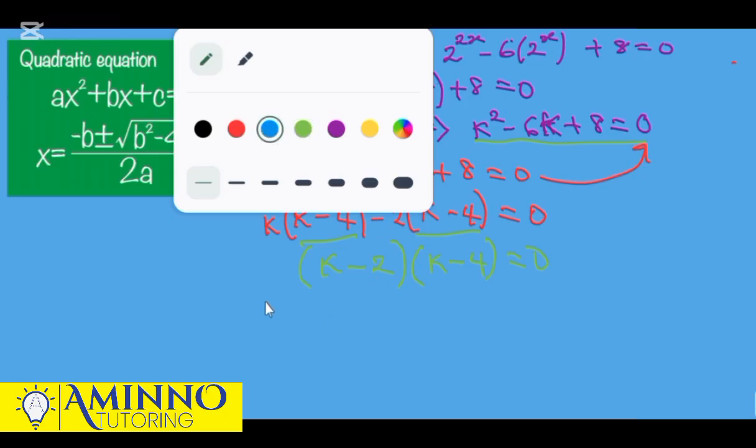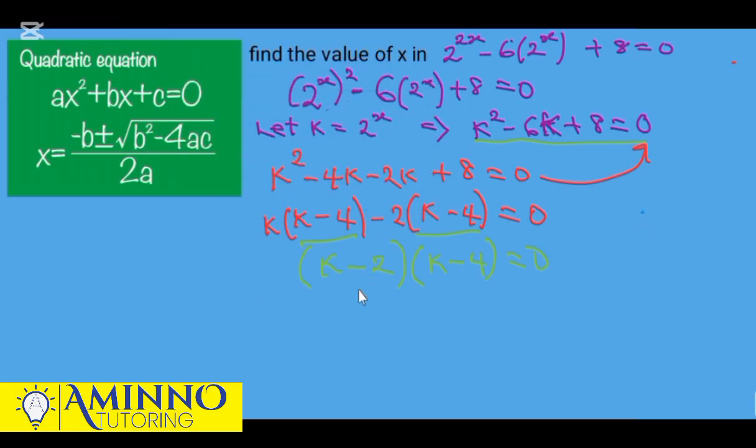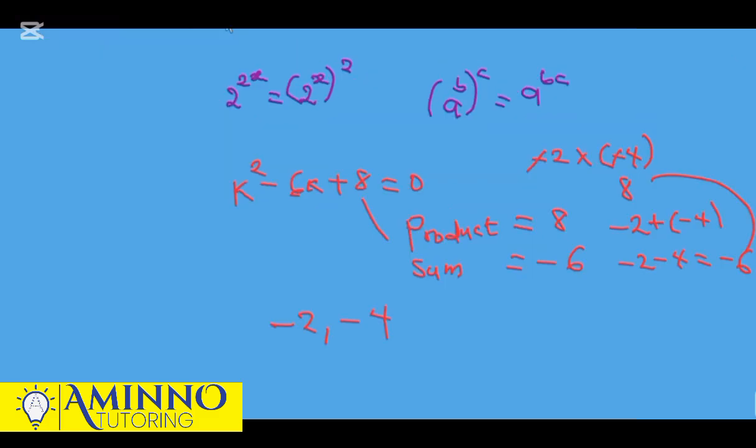Now, with what we have here, you'll be wondering, how are we now going to get the value of our k? By inspection, normally, you know that your answer here is going to be 2 and 4. But that is not what we do here. We show you why everything happens the way they happen.